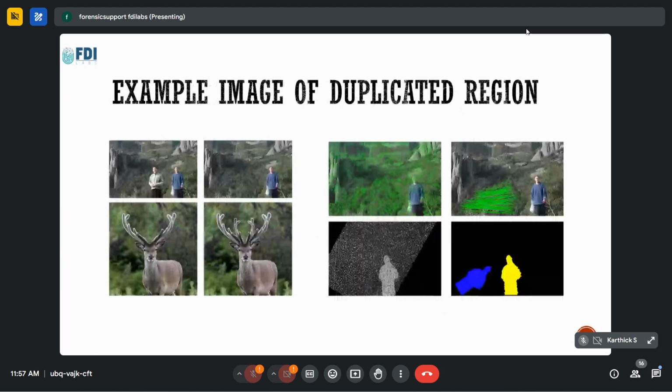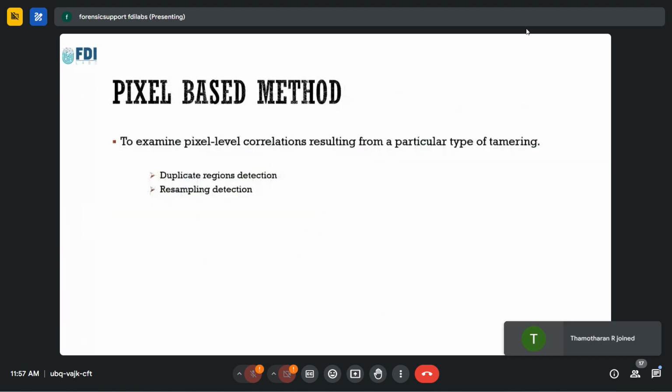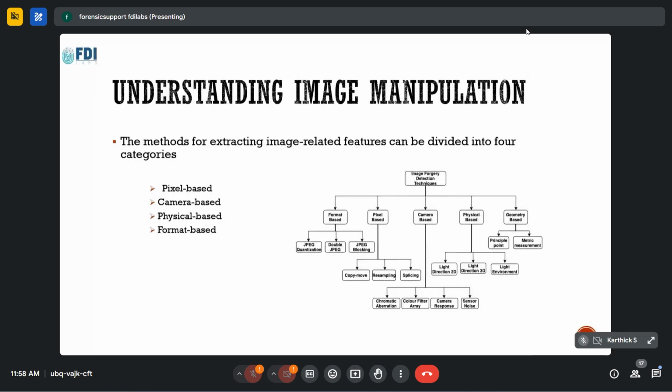These methods for extracting image features can be divided into four categories, as I told you. The first one is the pixel based method.